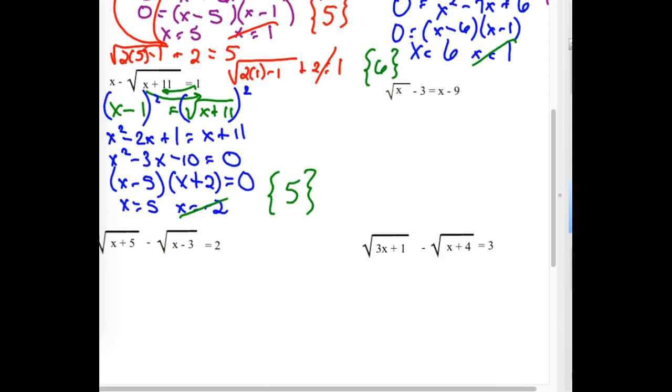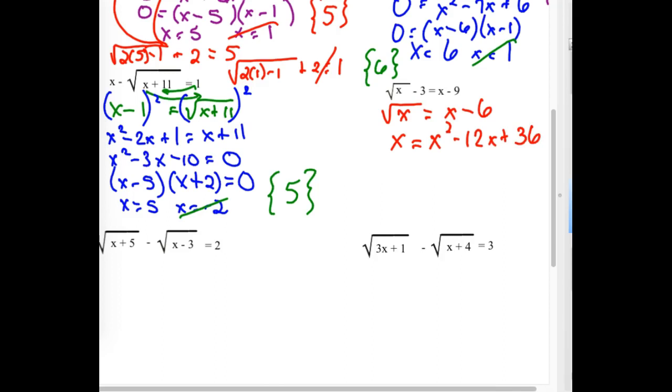All right, we're going to do one more quickly of that type before we move to the ones that have 2 roots. First step would be to add 3 to the other side. If I add 3 over here, I end up with just x minus 6. Squaring both sides, I end up with x equaling what? Good. X squared minus 12x plus 36, all right?